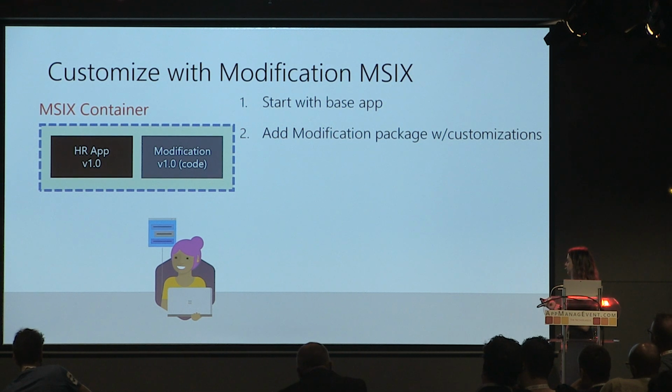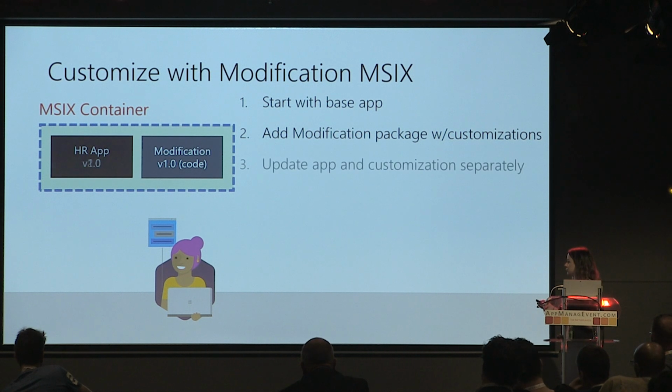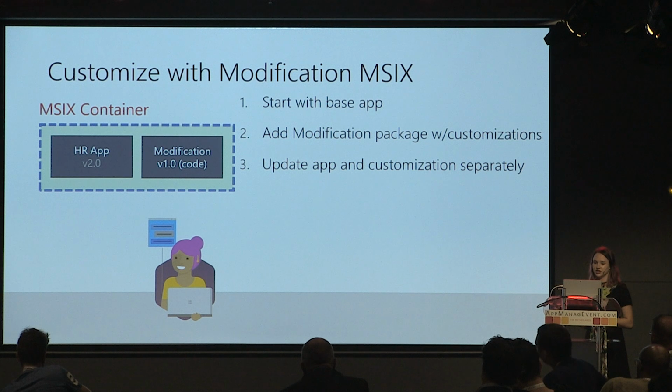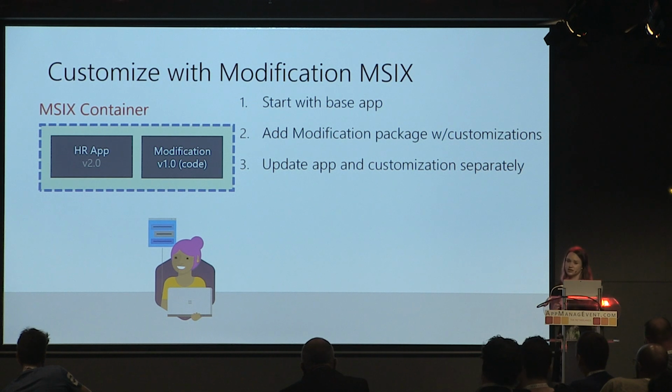The benefit here with the separate MSIX main application and the MSIX modification package is that you can update your main application without having to repackage or make any changes to that second modification package. You can run your HR application and still see those same modifications that you had in version 1 in version 2.